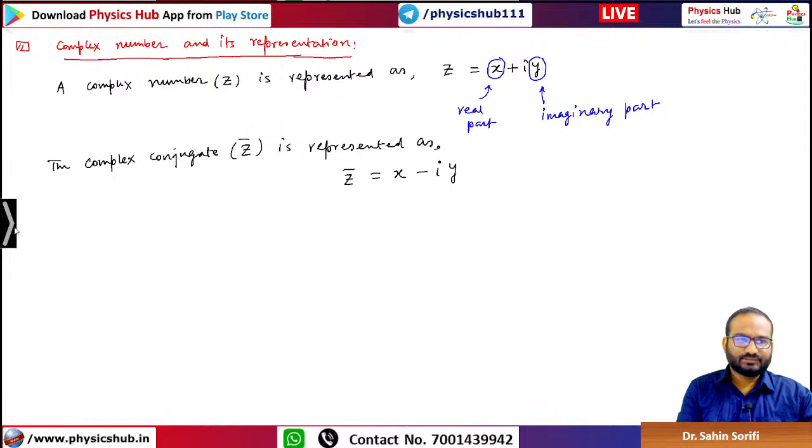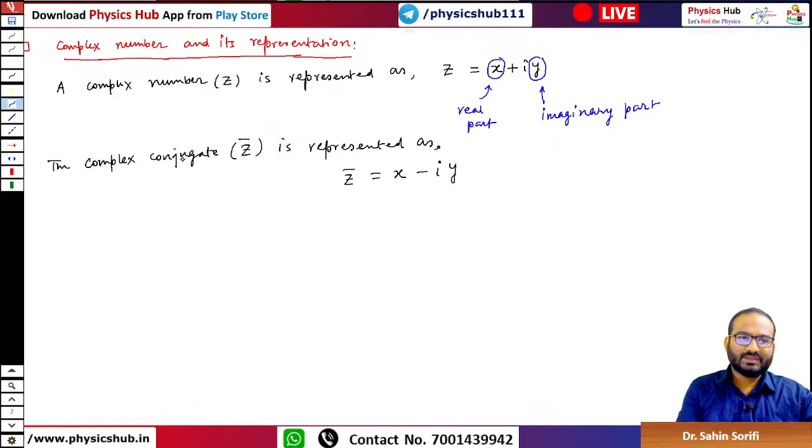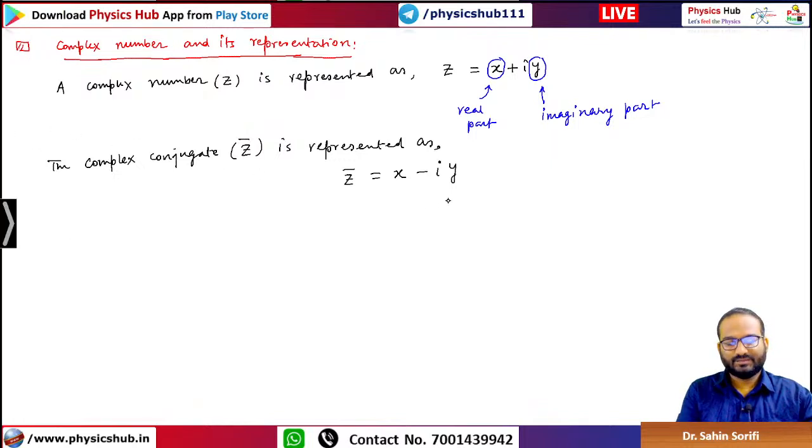Now any complex number z can be written in the form of its modulus times its phase, that is, z equals modulus times e to the power i theta.